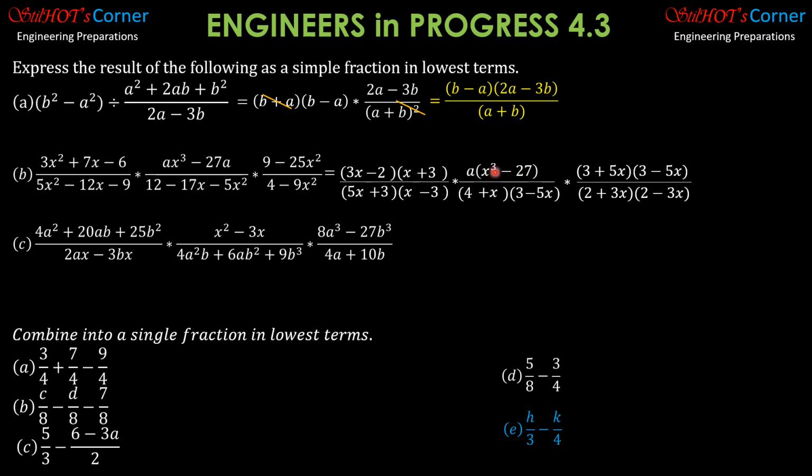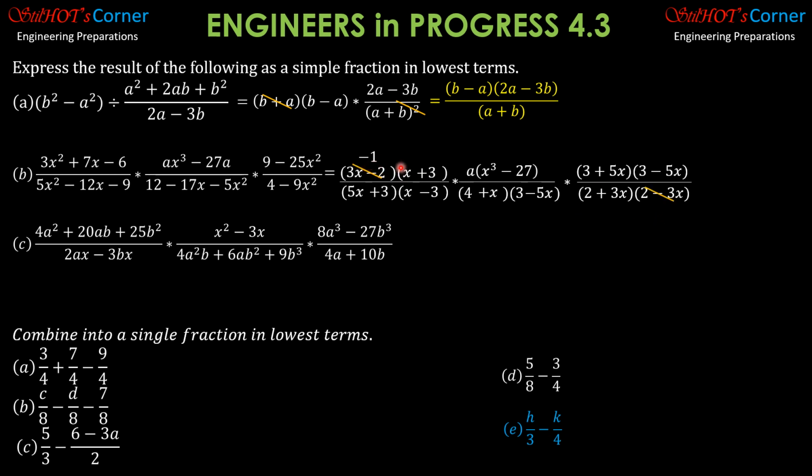Though this is not yet in its complete factored form, to simplify, we should cancel some of the common factors in the numerator and in the denominator. So 3x minus 2, this is 2 minus 3x, or rather 2 minus 3x is the negative of 3x minus 2, so we can cancel this and replace it by negative 1.